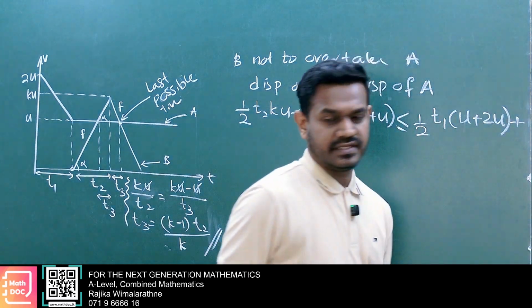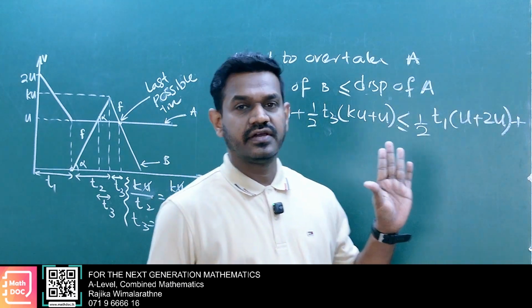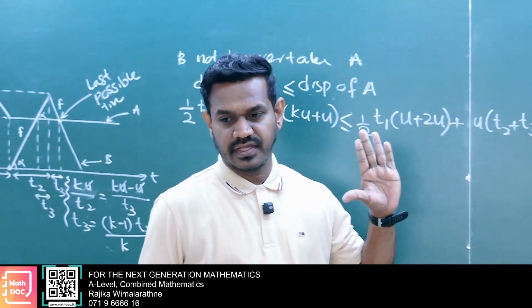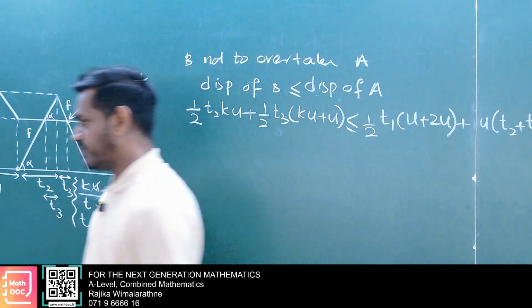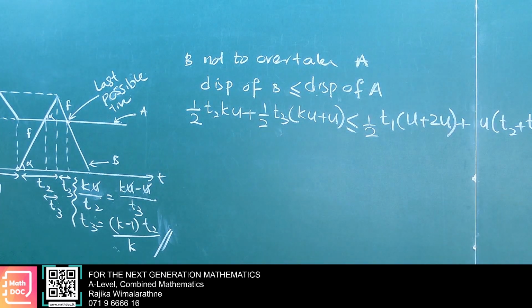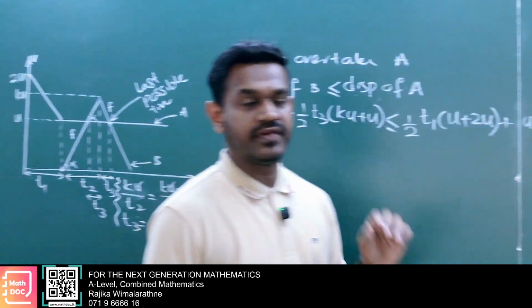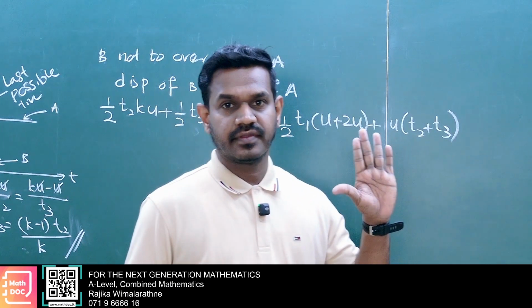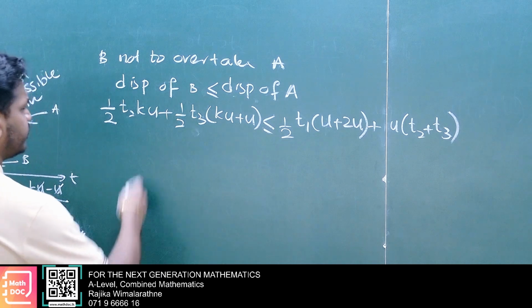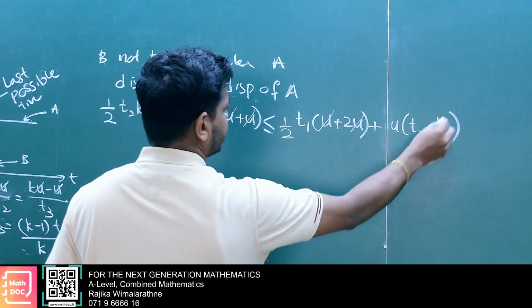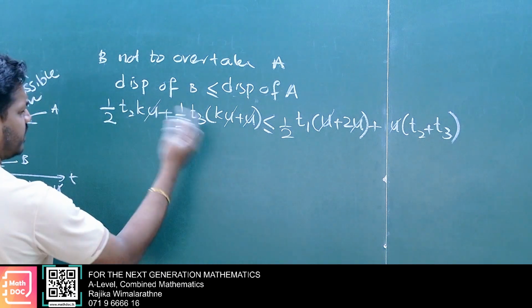Now we know everything. Now we need to simplify only. Okay? Now just simplify. First you cancel the U term, then multiply by 2.